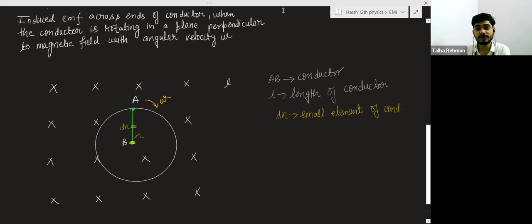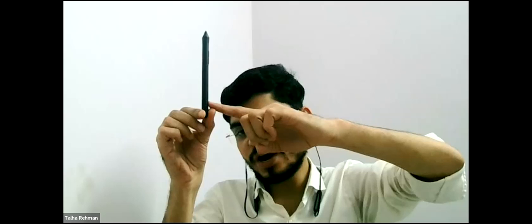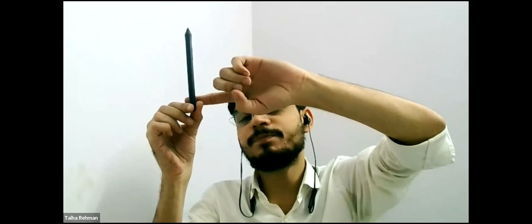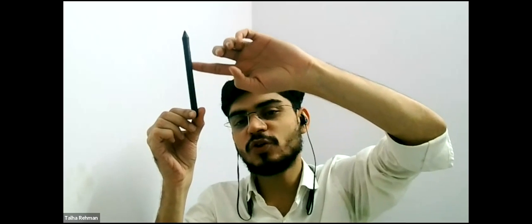One thing you should remember: when something is in rotational motion, the angular velocity of all the points is the same. You can consider this pen to be made up of an infinite number of points.